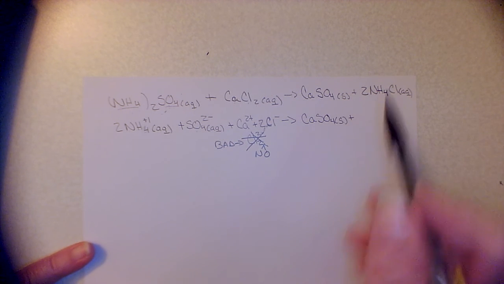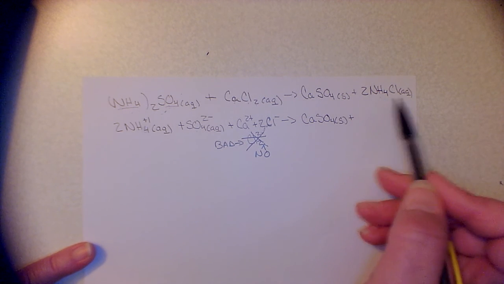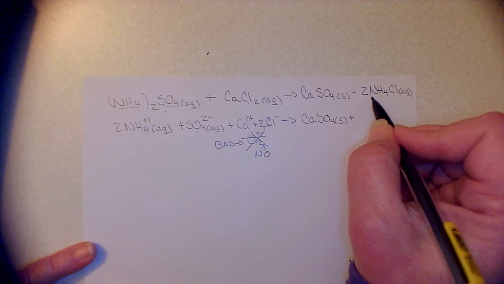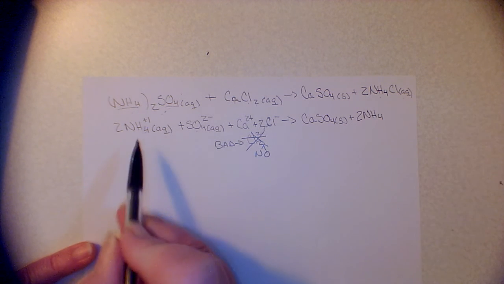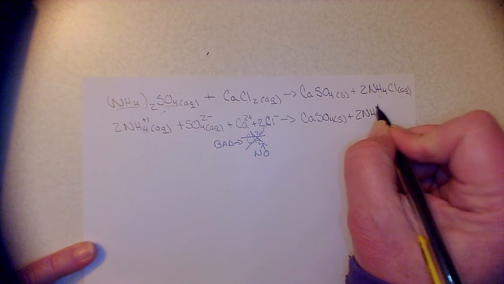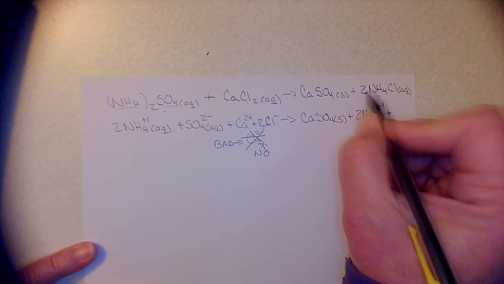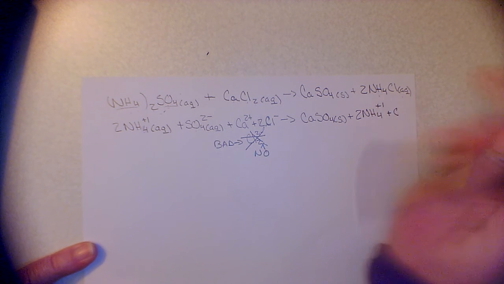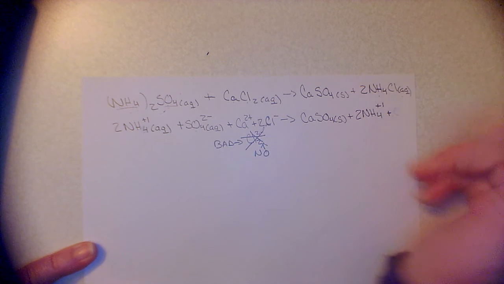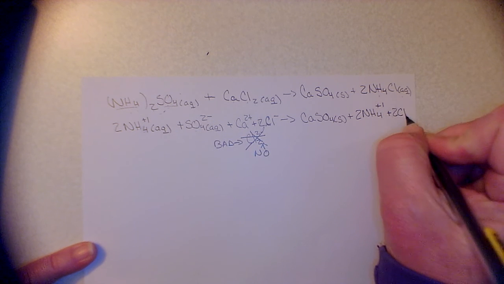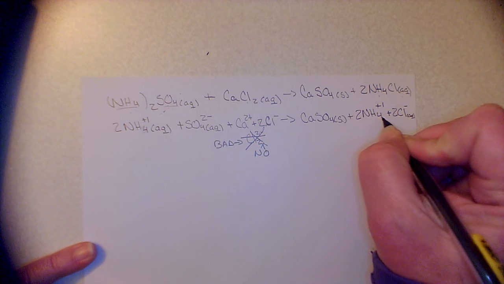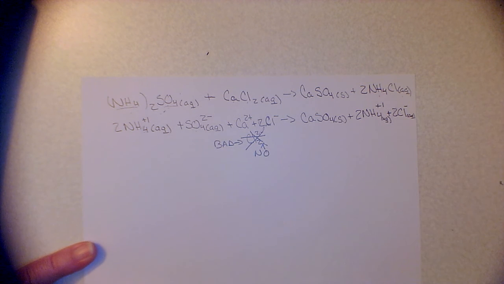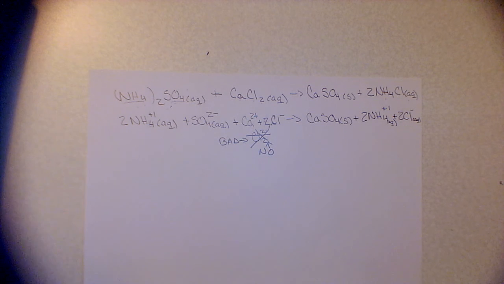I have ammonium and chlorine again, so I'm going to have 2 NH4, which we already determined was +1, plus 2 chlorine ions, -1, and that's aqueous. There we go. So that would be a total ionic equation.